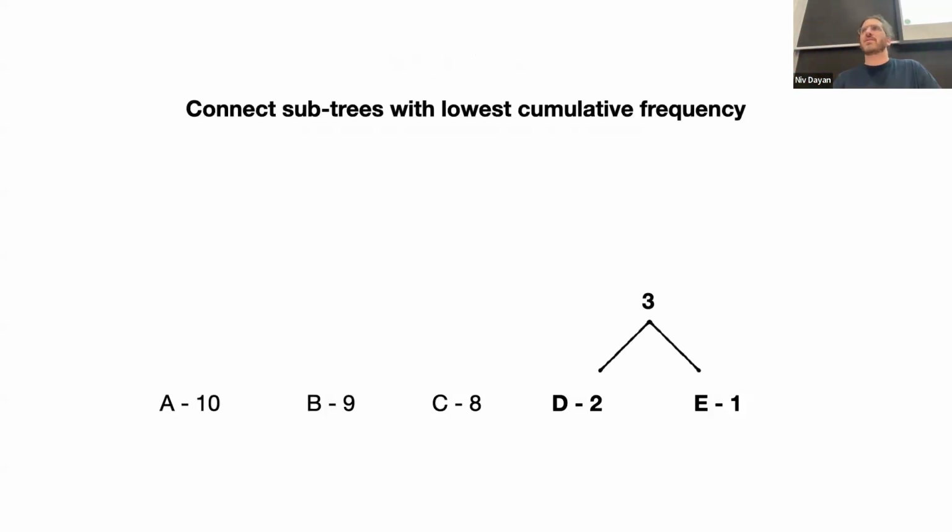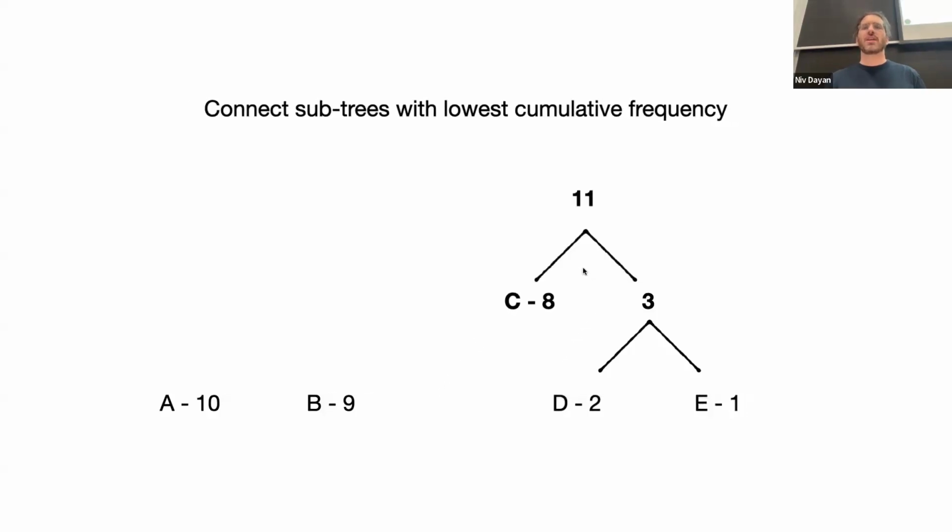And then I'm going to start building a tree by connecting the least frequent symbols first, right? So the least frequent here are E and D. I'm going to connect them first. The subtree is now of cumulative frequency 3 because I add their frequencies.